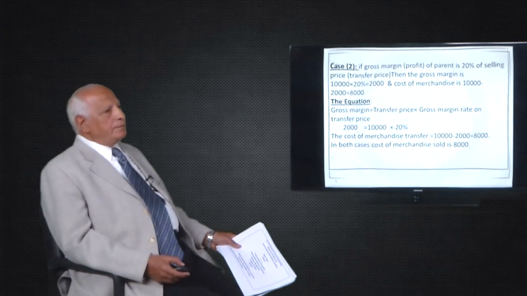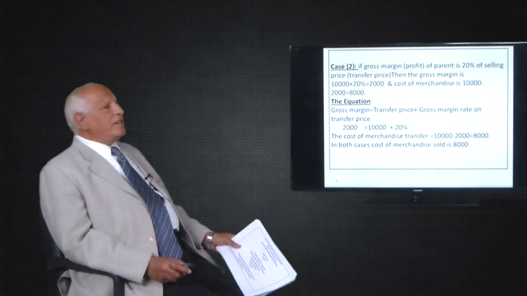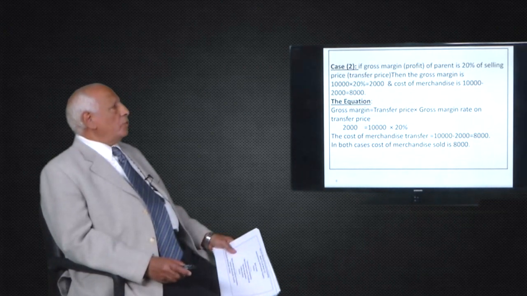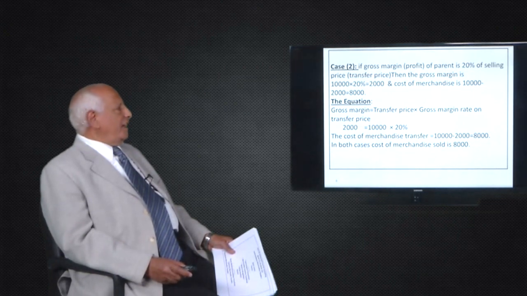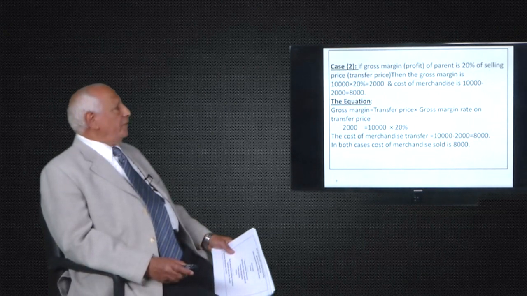Let's continue. Case 2. We need to come to the conclusion of the same number, cost of goods sold, 8,000. If the gross margin or profit of the parent is 20% of the selling price or transfer price, then the gross margin is 10,000 multiplied by 20%, which gives you 2,000.